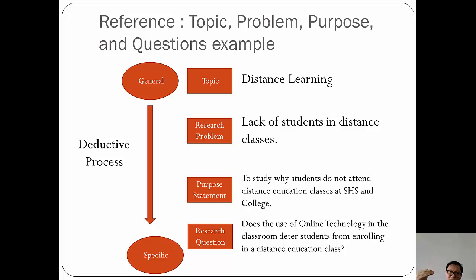So the topic is distance learning, the research problem is lack of students in the distance class. My purpose, what is my purpose of my research? To study why students do not attend distance education class at senior high school and college. Then, what is my research question? Does the use of online technology in the classroom deter students from enrolling in a distance education class?